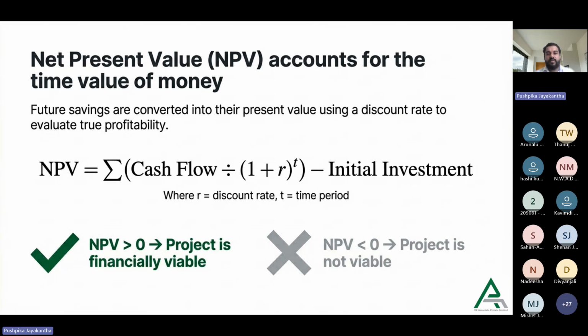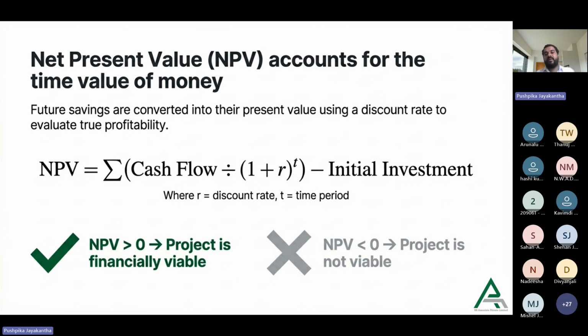Typically, most organizations use the interest rate the company pays to borrow money. For example, the bank loan interest rate, sometimes around 12% or 14-15%. And some use the minimum acceptable rate of return. That means there can be a company policy: we need this level of return, a 10% return requirement.